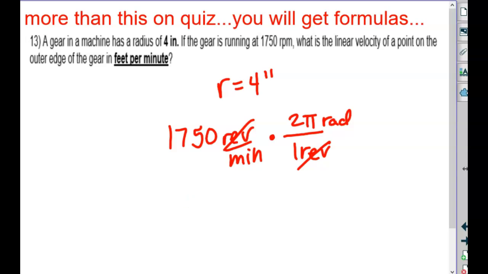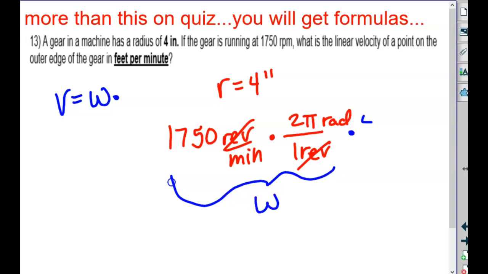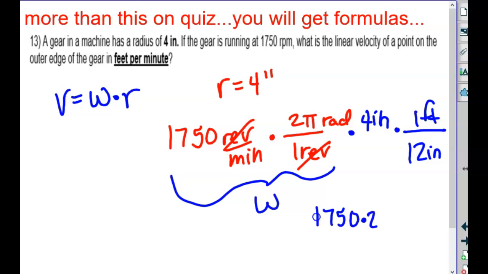Well, first of all, you got to multiply by the 4 down here, right? Because it wants a linear, so you have to take the angular, which we just made this an angular. All of this right here. Multiply by the radius, which is 4 inches. But they want feet, so you're going to say 12 inches is 1 foot. So you're going to type 1750 times 2 times pi times 4 and divide it by 12.